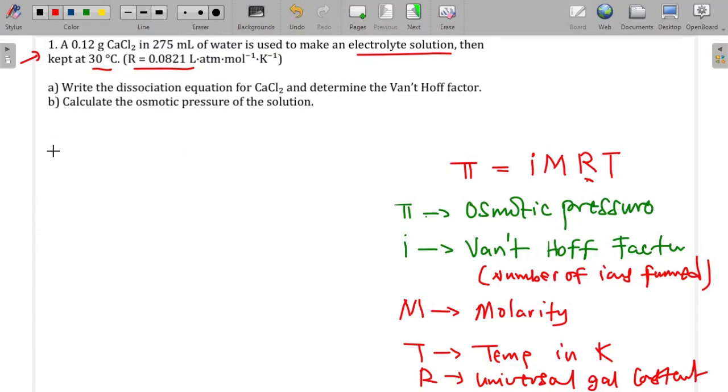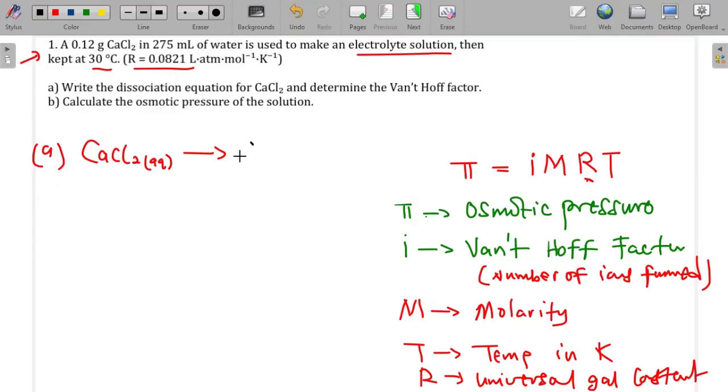All right, so part one, which is A, they're saying write the dissociation equation for calcium chloride and determine the Van't Hoff factor. Calcium chloride is a strong electrolyte, so if you put it in water, it's going to dissociate into its ions. There will be an ion for calcium and ions for chlorine.